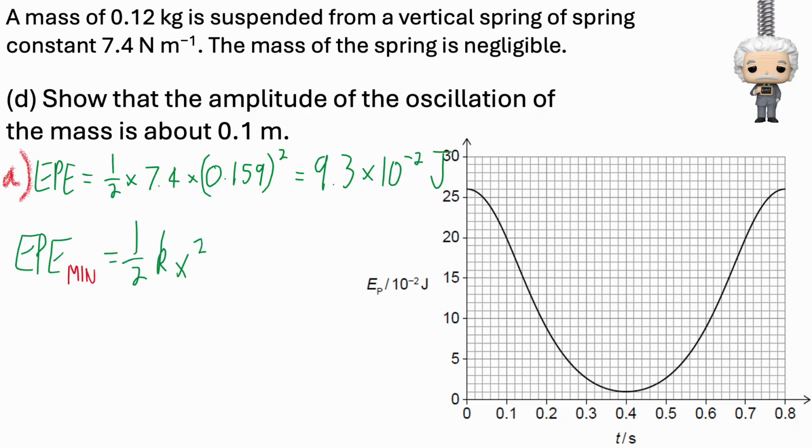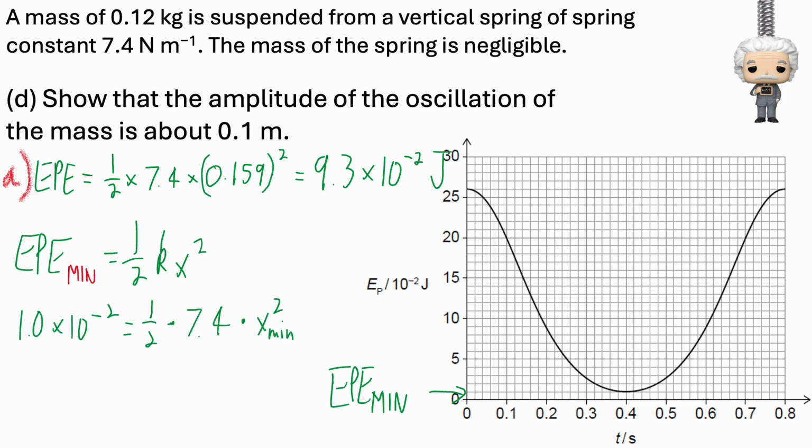So what we need to do is use the elastic potential energy for the minimum, which is right down at the bottom here. You can read it off. If you can figure out the difference in extensions between equilibrium energy and elastic potential energy at its minimum, then you'll find the amplitude.